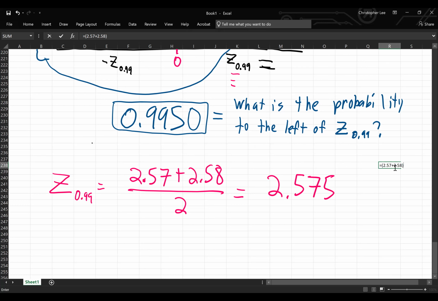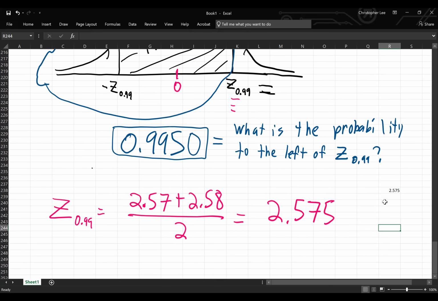Because you want the middle, that's why you divided this by two. Am I always going to divide this by two? No. Because it was in the middle, I divided by 2. That's the Z for 0.99.